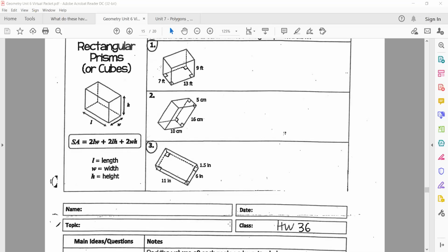Okay, we're doing the second problem. Oh, okay. Yeah, that's the first problem, the one that I did on the whiteboard.